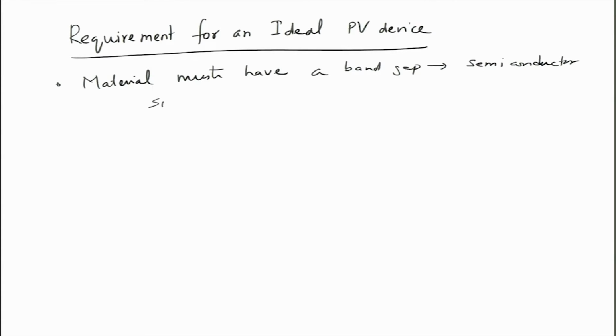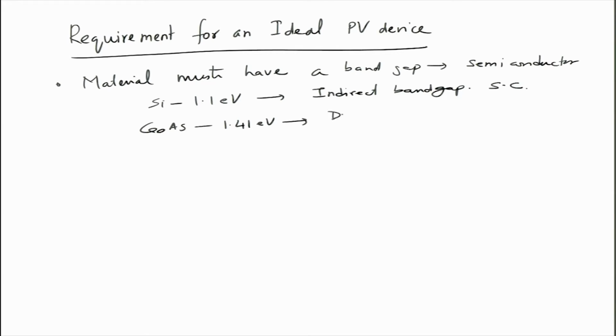Here silicon has a band gap of 1.1 electron volt, and silicon is an indirect band gap semiconductor. Gallium arsenide on the other hand has a band gap of 1.41 electron volt, which is a direct band gap semiconductor. So, gallium arsenide will give you higher VOC as compared to silicon.